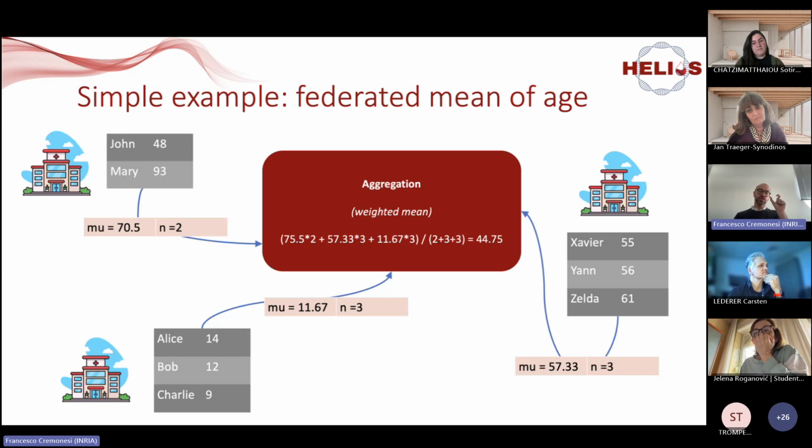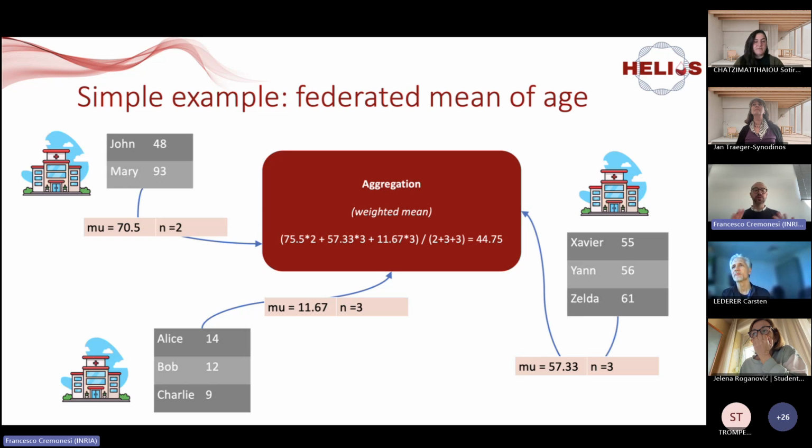Then you share these two pieces of information with a centralized server, which is then able to compute simply a weighted mean of the different results it got, to have the exact average age at the end.